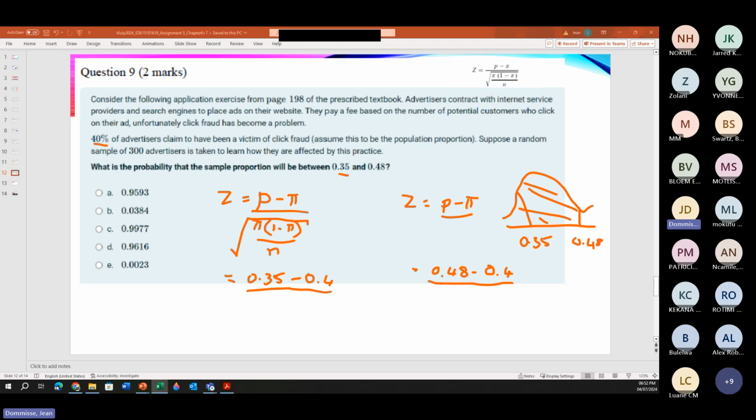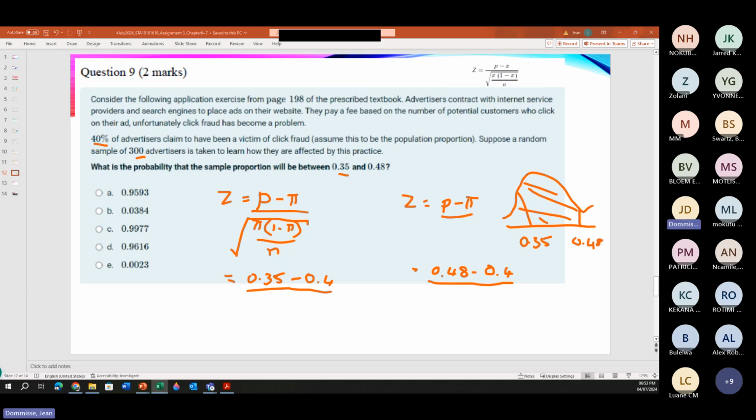Let's look at what the standard error is for this one. Standard error is your 0.4, that is the population one, so 0.4 times 1 minus 0.4, which is 0.6, all of that divided by your sample size. The sample size they told us is 300.